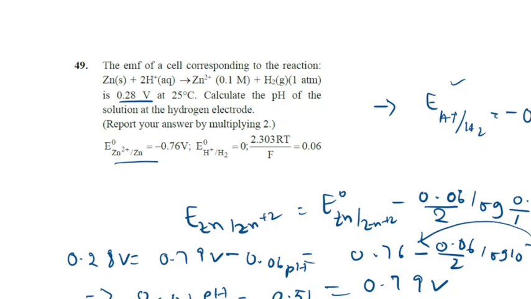And in general, in the case of integer type questions, one must take the... sorry, the audio got disconnected, and here they are saying to report your answer by multiplying with 2.